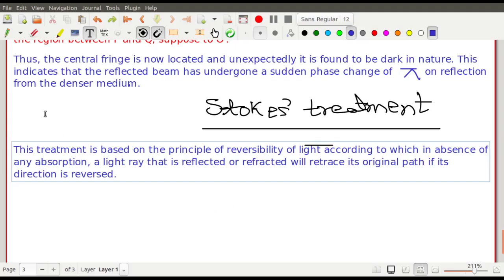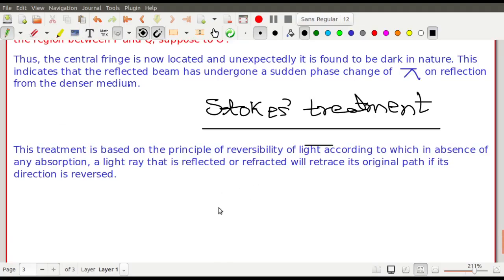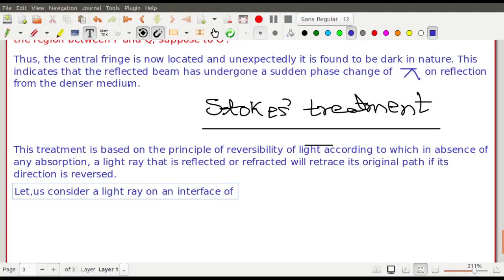So suppose a light ray comes like this. I will show you, just let me try to draw the diagram. Let us consider a light ray on an interface of two different media.